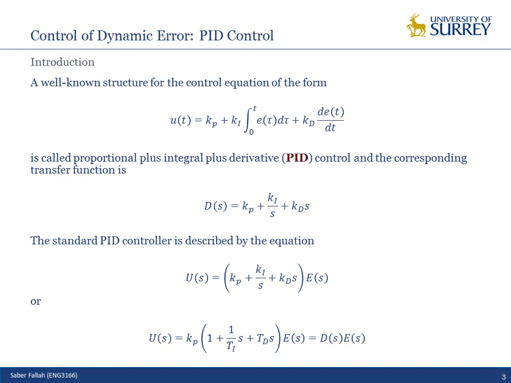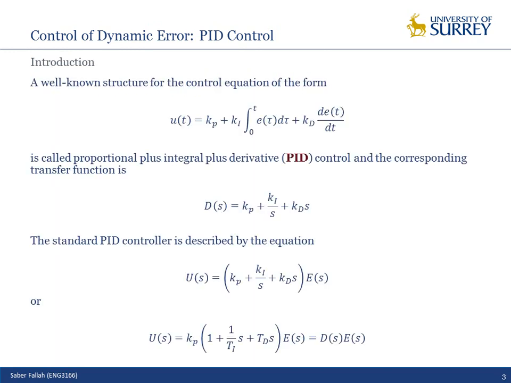The dimension of Ti and Td is both seconds. It is better understood by technicians or control users who want to tune the controller. 1 over Ti is the integrator reset, and Td is the differentiator time constant. It's an industrial representation of the PID, but it's not a big difference. In this module, mostly we work with this representation as mechanical engineers.